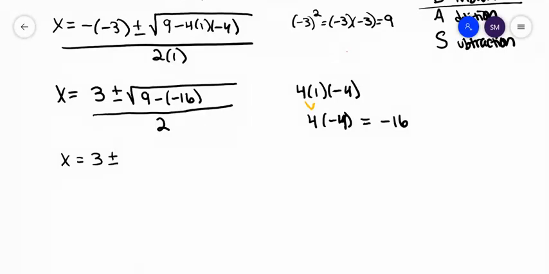I forgot to mention at the beginning that we want to simplify everything under the radical first, everything under the square root first, before we're able to add and subtract that square root, and then eventually do our actual division by the denominator. So now I'm going to do the subtraction that I see in my square root. 9 minus negative 16 gives me 25.